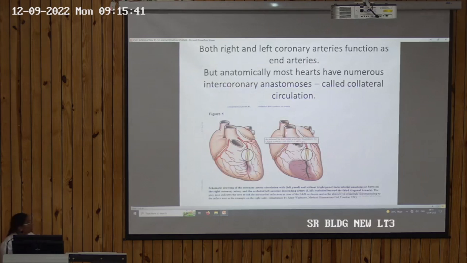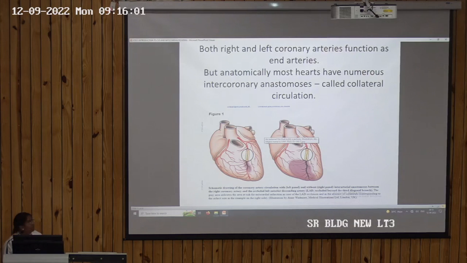Now, in this we can see that generally the left and the right coronary arteries are end arteries. That is, though the vessels supply between these two, they do not have any interconnection. But collaterals between the capillaries of both the arteries occur. What is a collateral?